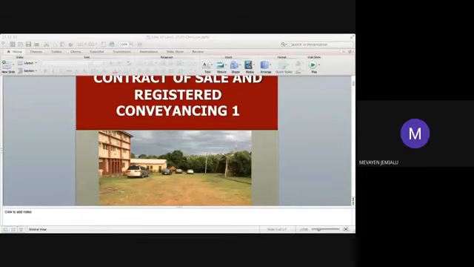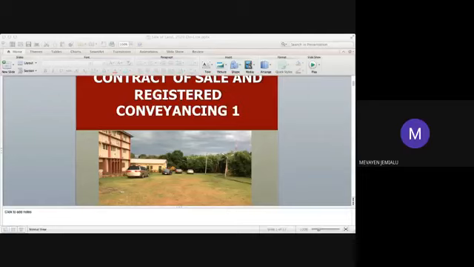Then they will go on to exchange of contract after the execution of the document. And you should note, a formal contract of sale of land must be in writing by virtue of Section 4 of the Statute of Frauds. It must be in writing.